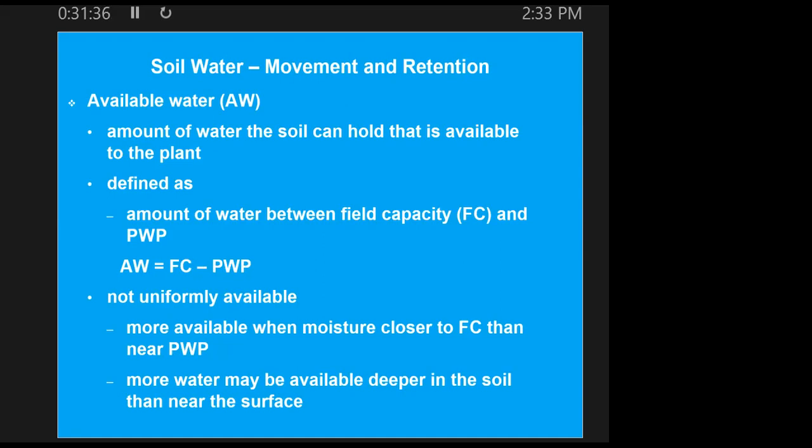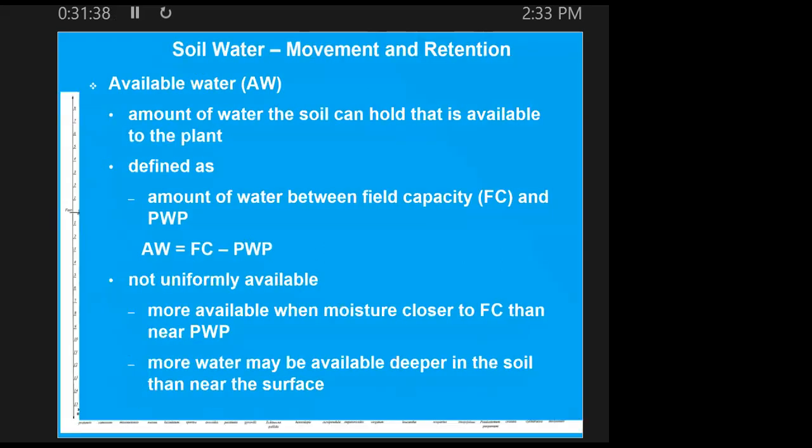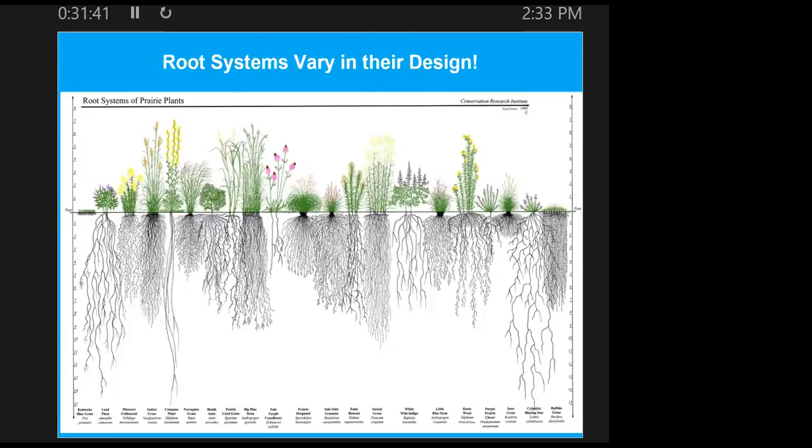But the plants that have deeper root systems can still pull up available water. So it really does depend on the plant and its root system. This is just trying to give you the idea that root systems vary tremendously in terms of overall design, but also if they're shallow or deep.